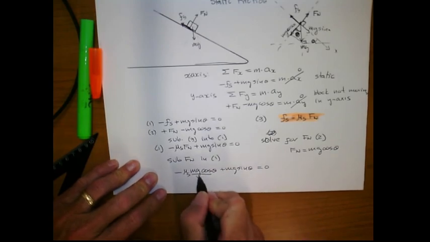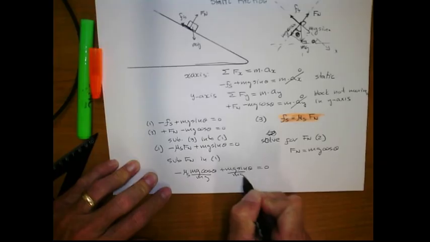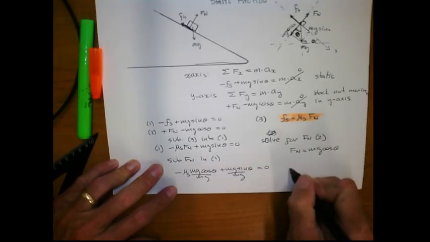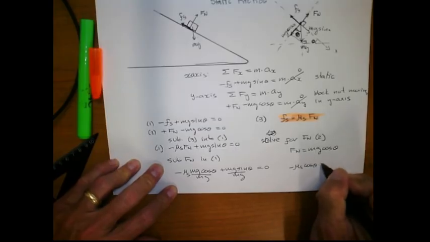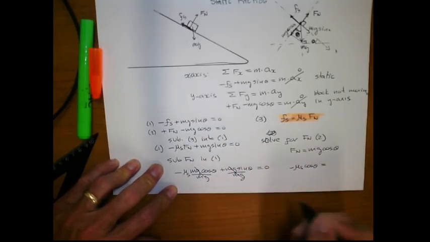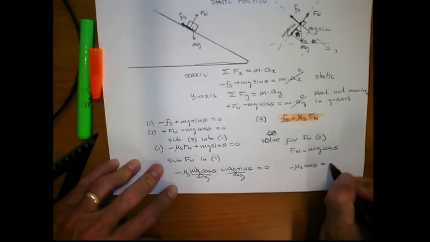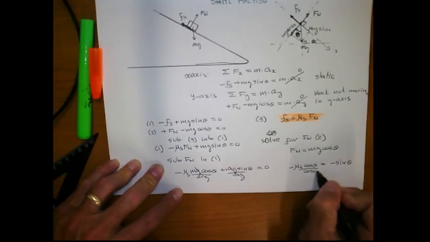Now I divide by mg. And I'm putting sine to the other side. Now I divide by cosine.